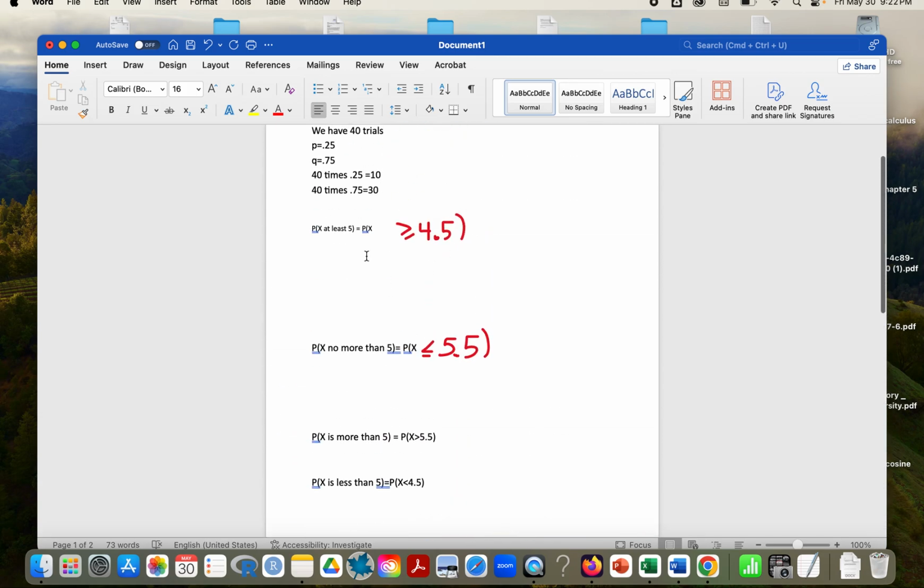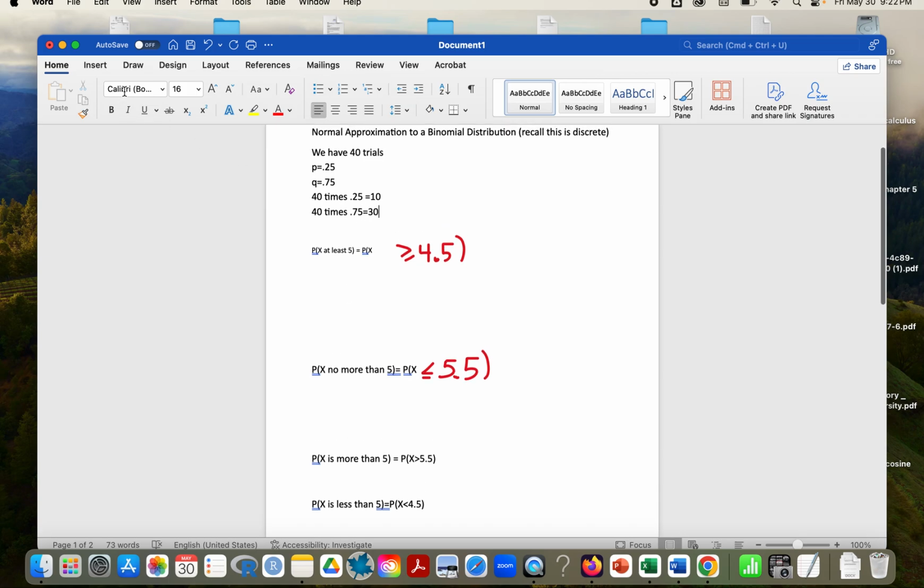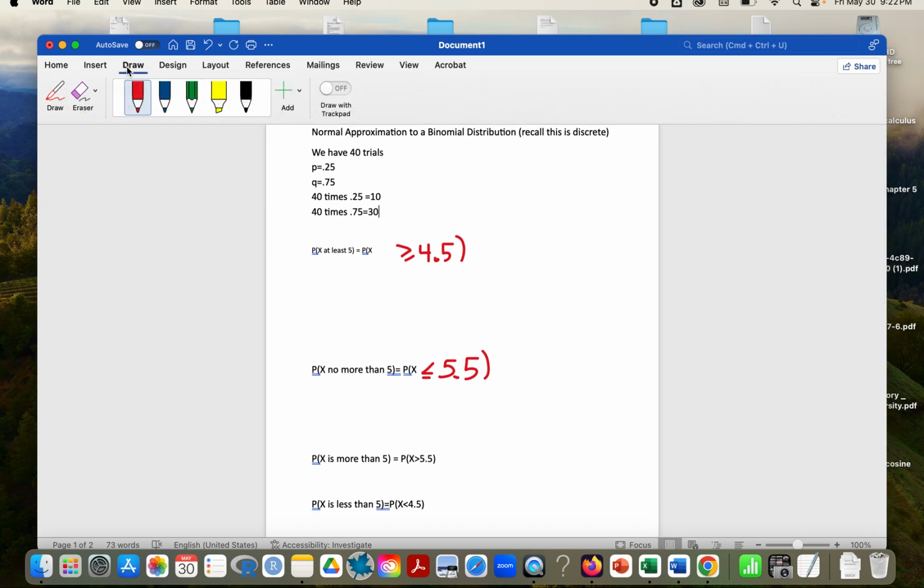And so what we're going to do is we're going to have z is equal to, now, we're using 4.5 for the correction for continuity, and then minus our mean. Now, our mean actually is NP, so we just did it up here when we were trying to see if NP is greater than or equal to 10. Works out to be 10. And then our standard deviation is the square root of our n, which is 40, times our 0.25.